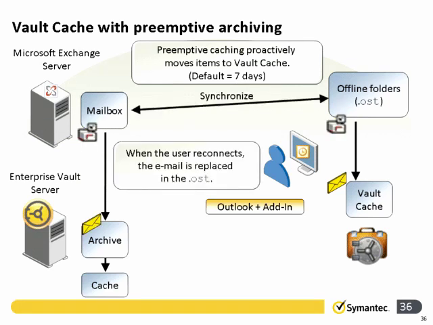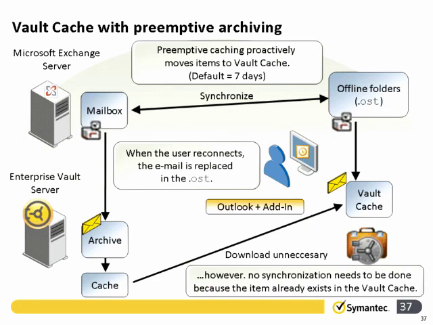So the next time that I do connect to the Exchange server, if that item has been changed to a shortcut, it will be updated in my offline folder to a shortcut, but in the archive environment, it will know that due to the preemptive caching, that item already exists in Vault Cache, so I will not have to perform a content synchronization, which is also the same thing as our content download.